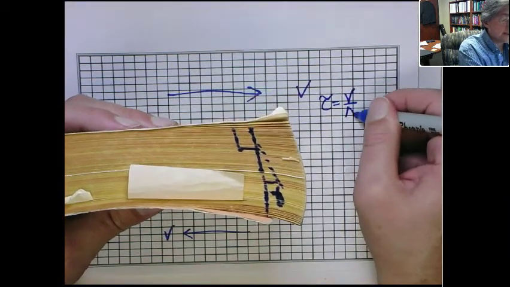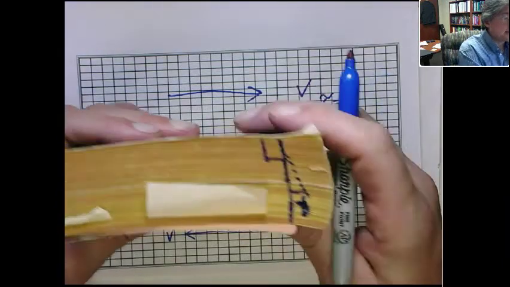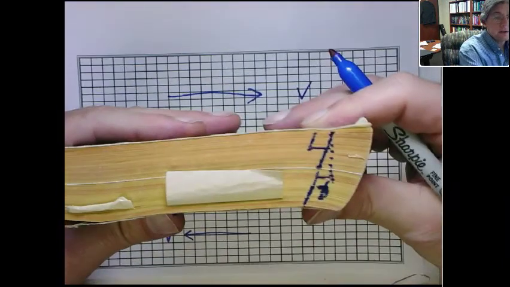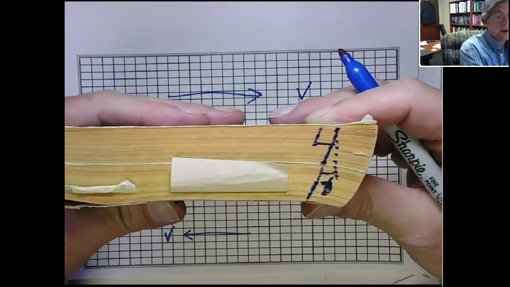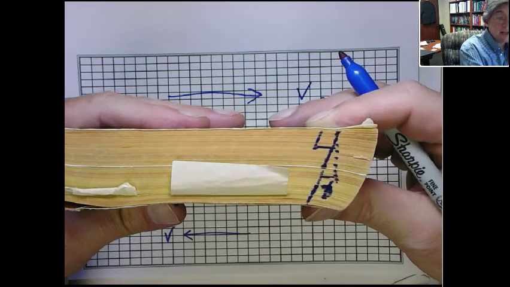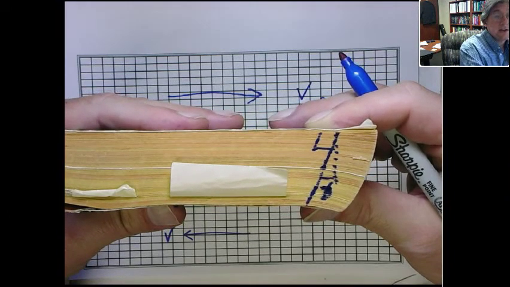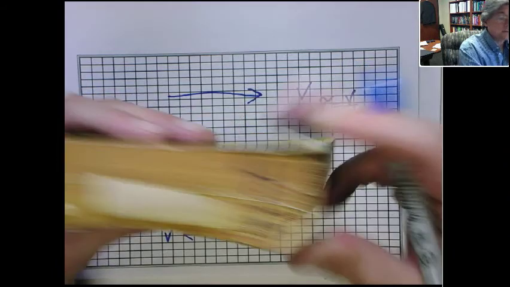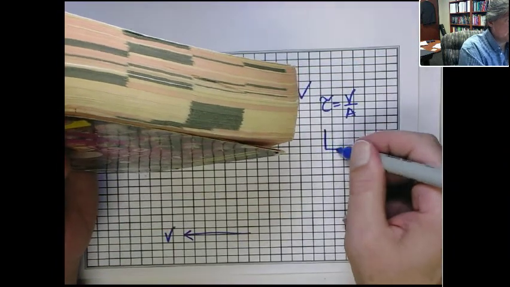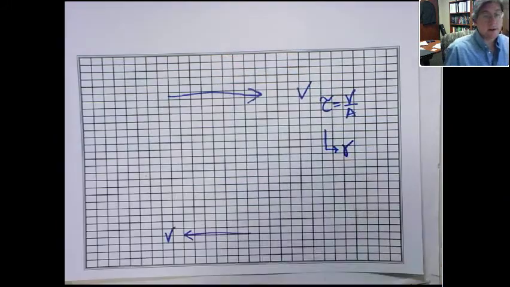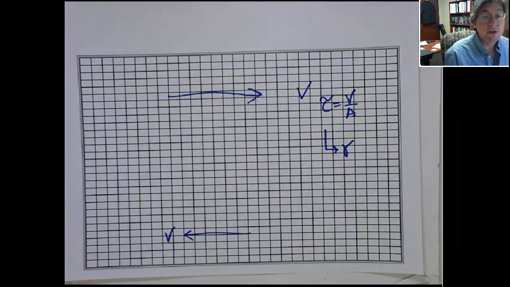V over A, that's the shear stress. Now look across the pages of the book. You see that shear strain angle. So shear stress gives purely a shear strain.